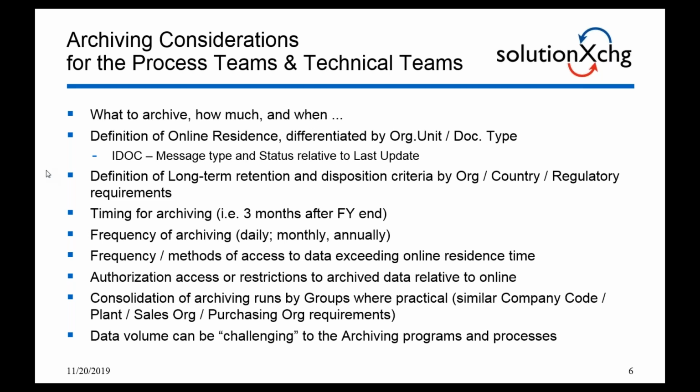End users who need to access archive data will require additional authorizations to grant them access to view archive data. And whoever is executing the archiving runs would need the specific authorizations to be able to run the jobs, monitor the jobs, etc.